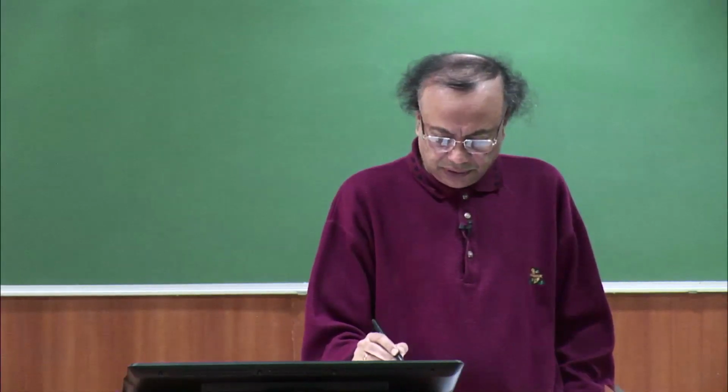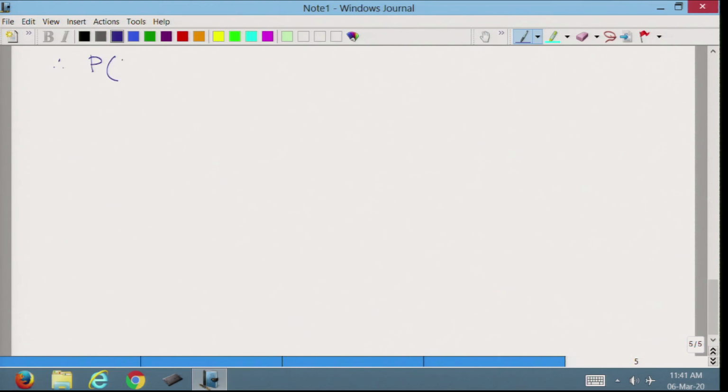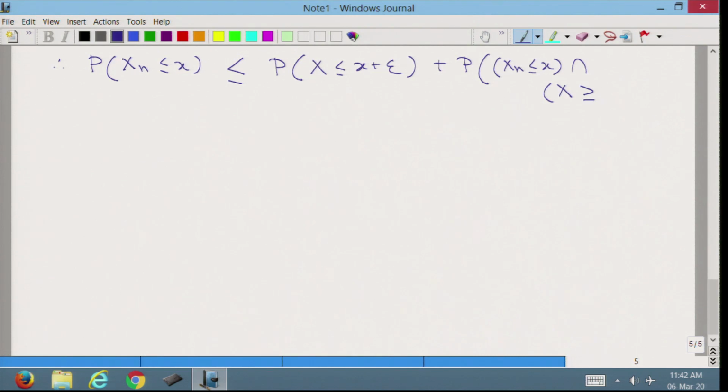Therefore, probability x n less than equal to x is less than equal to probability x less than equal to x plus epsilon plus probability x n less than equal to x intersected with x greater than equal to x plus epsilon.